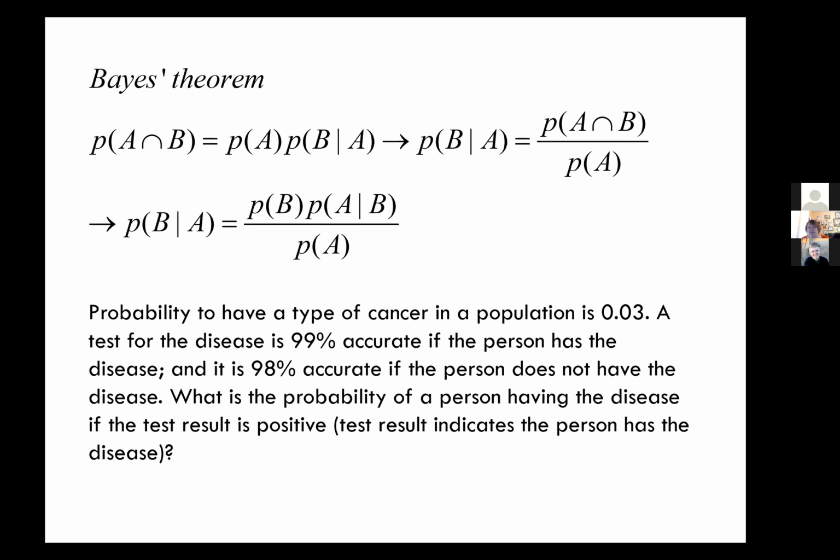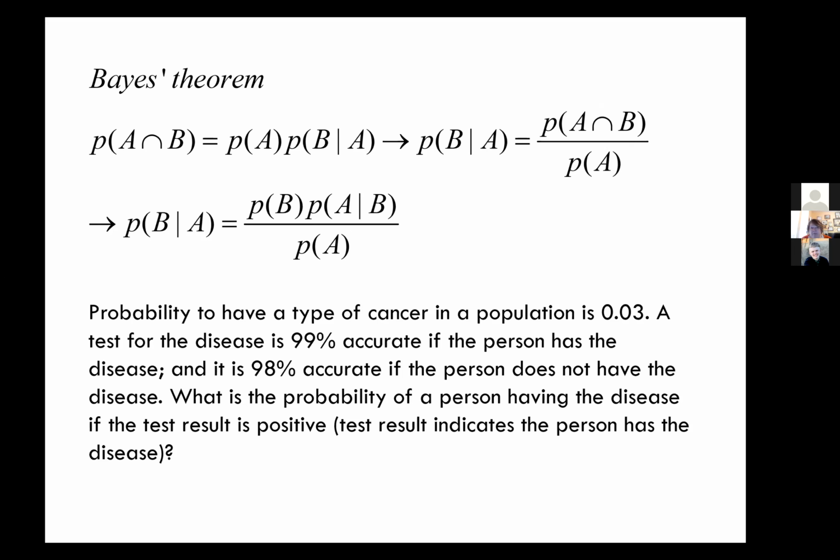Or you could solve this for the probability of A given B, the probability that A occurs given B already occurred, by dividing both sides by the probability of B. So the conditional probability, the probability that A occurs given that B has already occurred, is the probability of A times the probability of B given A divided by the probability of B.